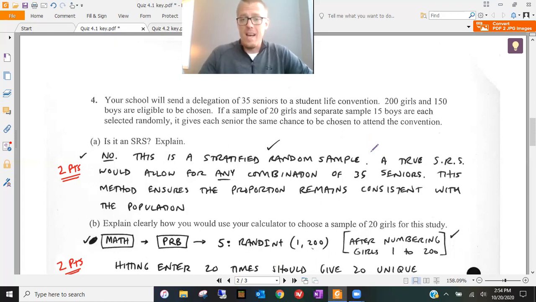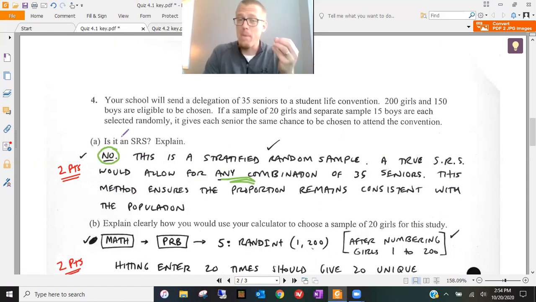Again, this is the reason it's not an SRS though, because an SRS would allow for any combination of 35 seniors. The method that they've chosen ensures the proportion remains consistent with what the population is. So I want you to be careful on this. Even though the answer here is no, it is not saying that this is a bad sampling method.